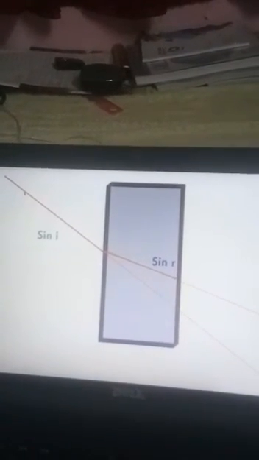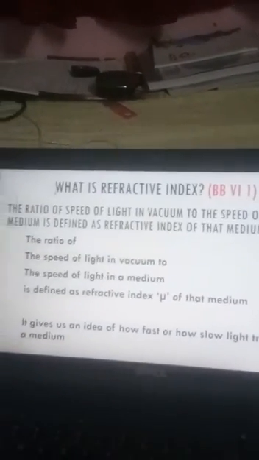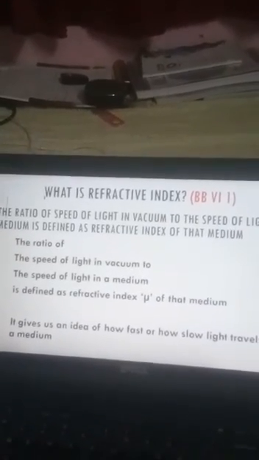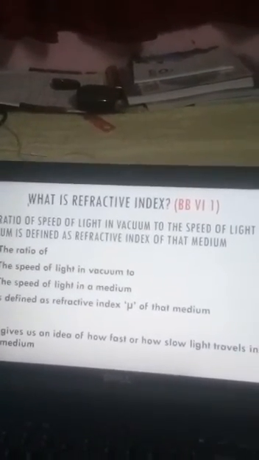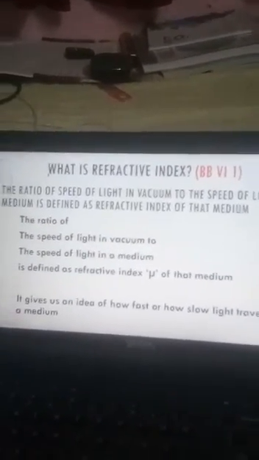So it is sin i, it is sin r. They both are not equal. Sin i and sin r are not equal. When compared to sin i, sin r is less. Now we go to another important book back question, 6th Roman, first question.